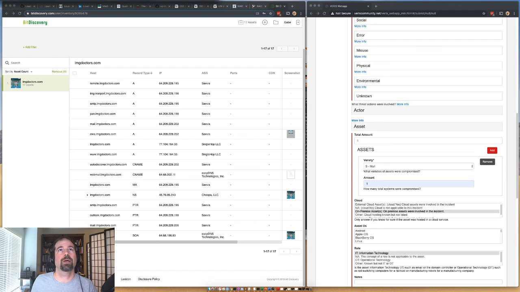So we'll add a coding style issue: update the on-premise assets description to clarify that on-prem includes colo hosting.